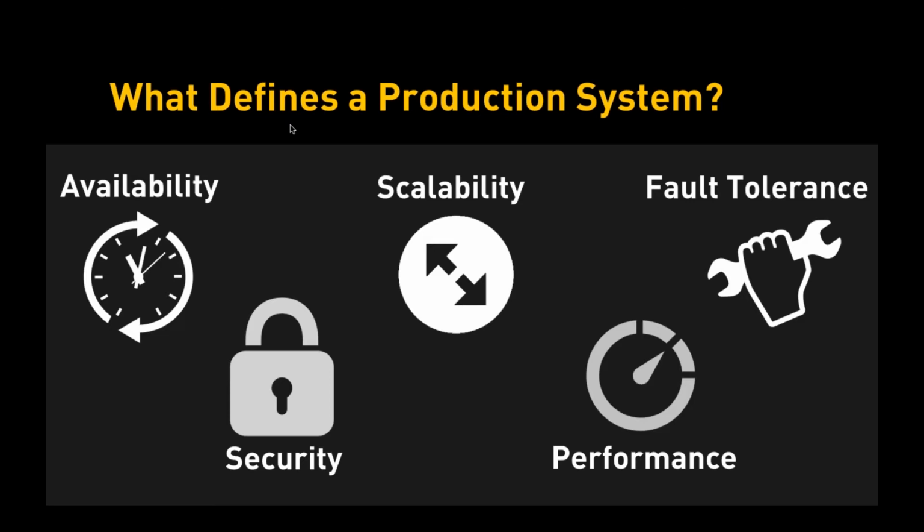You need to be able to continue the experience even when you encounter critical issues with the underlying infrastructure or your own web application infrastructure. So these are the critical attributes that are essential for a production system. And of course, today's theme is all about security.